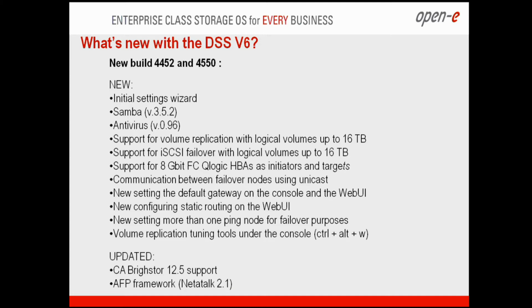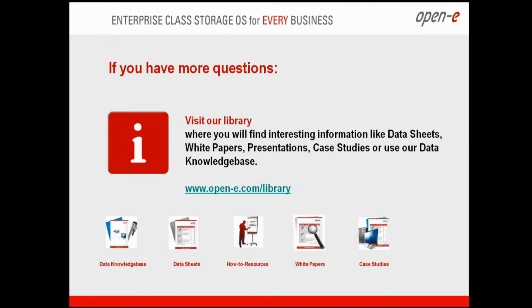And finally, we have more capabilities of the ping node that many of you have been asking for. So now you can enter multiple ping nodes for failover purposes. Volume replication tools are under the console screen and Control-Alt-W, and we will visit that during the webinar. And finally, we've updated the BrightStor 12.5 support and the AppleTalk Filing Protocol framework Netatalk 2.1.